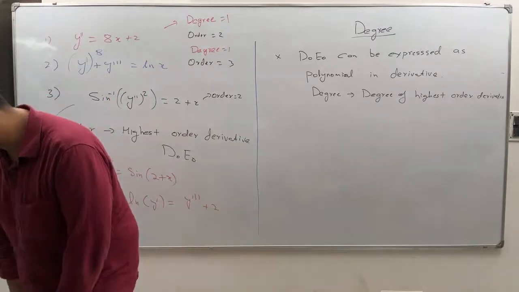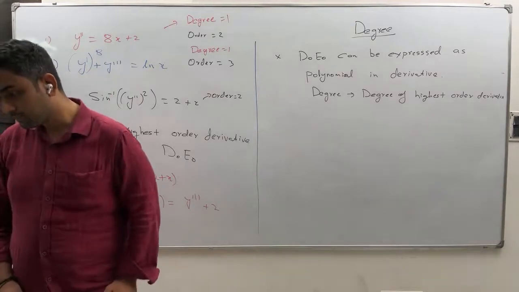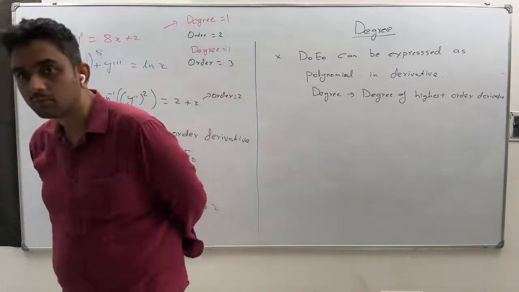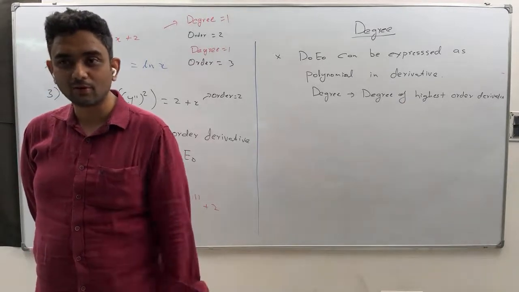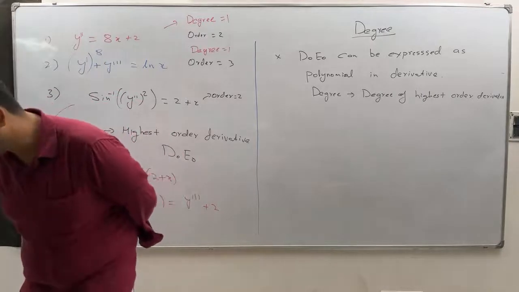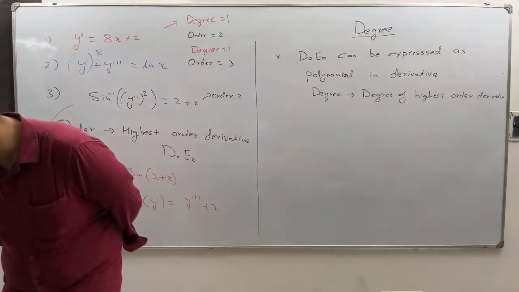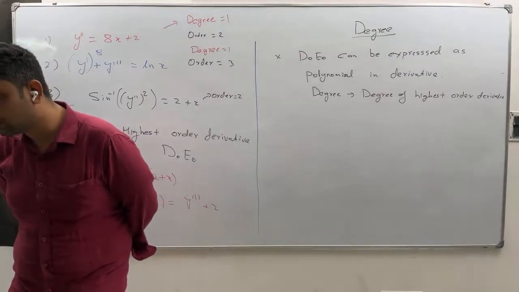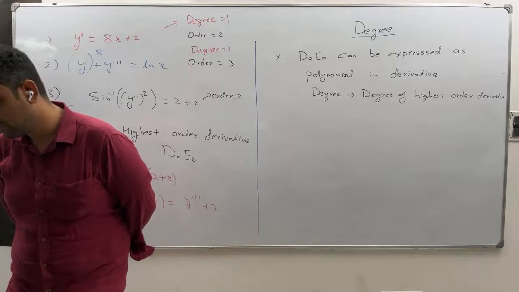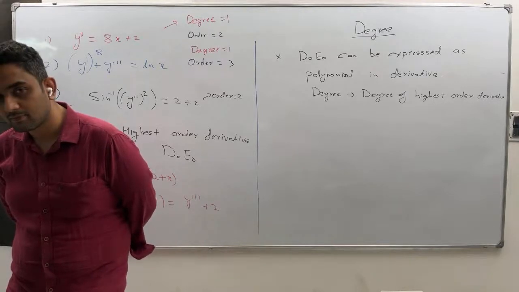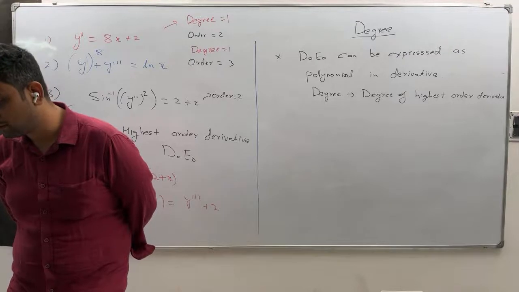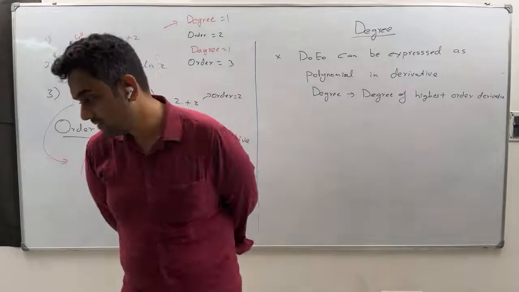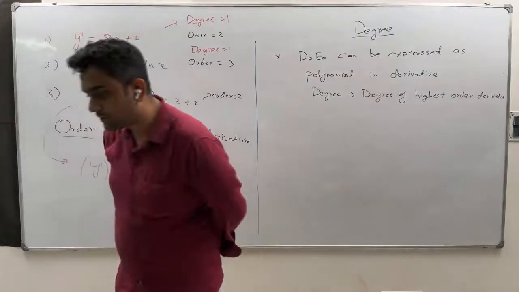Murugasan, tell me the order of the first one in 9.1. Fourth order, right? Highest order is 4. Dikshita, tell me the second one. Prichin, what is the degree of the second one? Degree is 1.